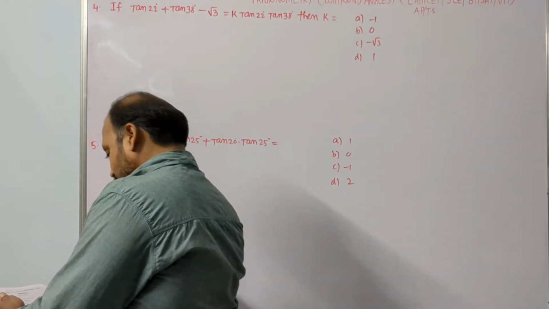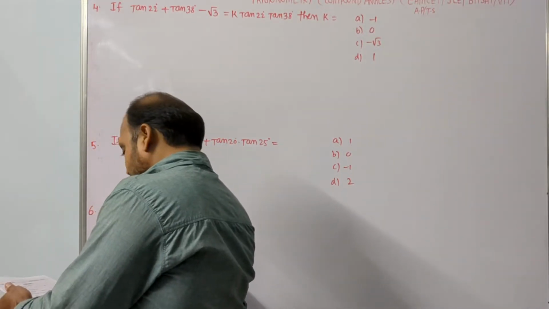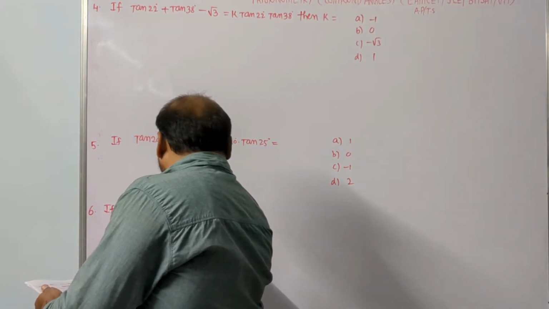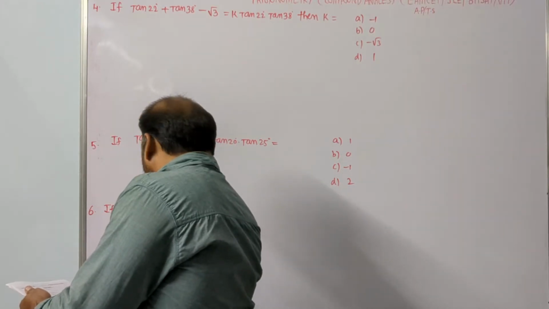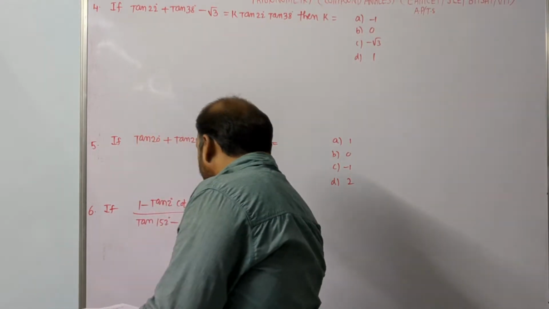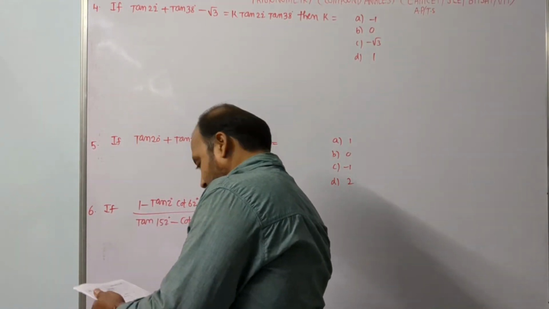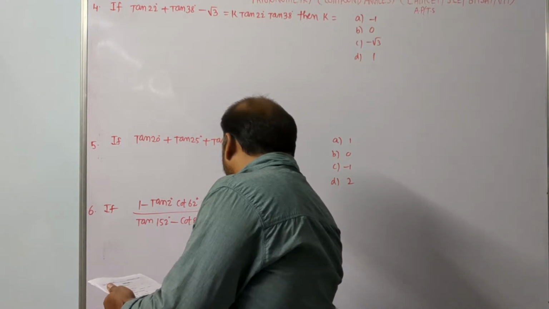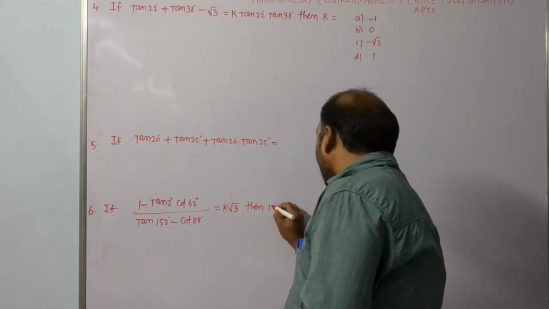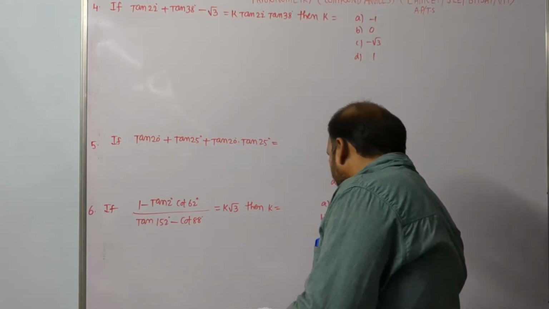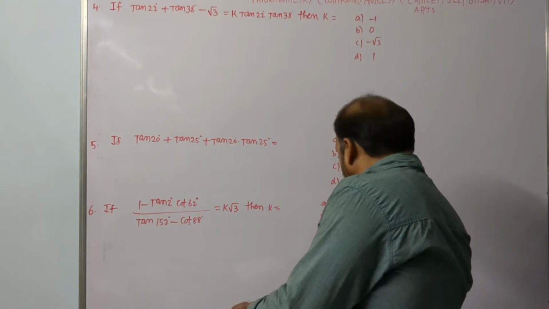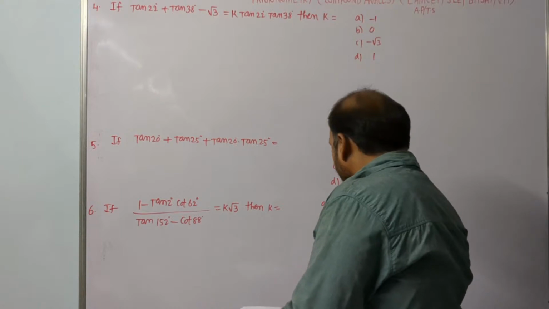If 1 minus tan 2 degrees into cot 62 degrees, divided by tan 152 degrees minus cot 88 degrees, is equal to k root 3, then k equals? The options are 1 by 2, minus 1 by 2, minus 1.